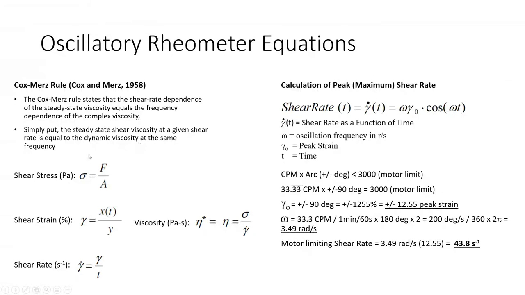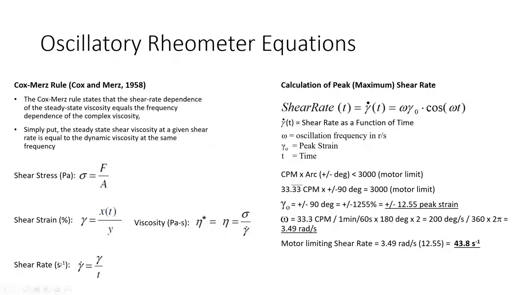But what you can really see it in is these equations. In oscillatory rheometers, the shear stress is a function of force over area. And the shear strain is a function of x with t.